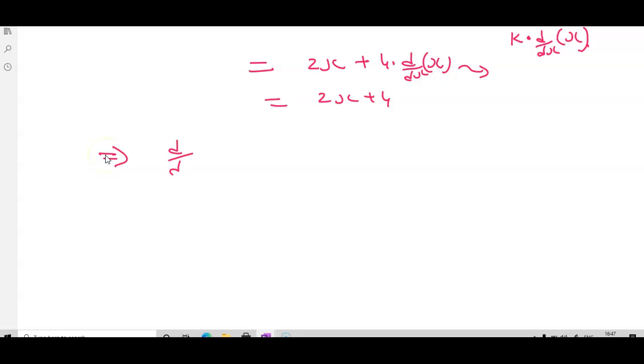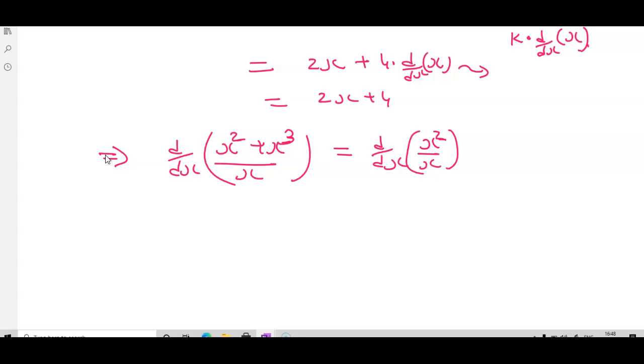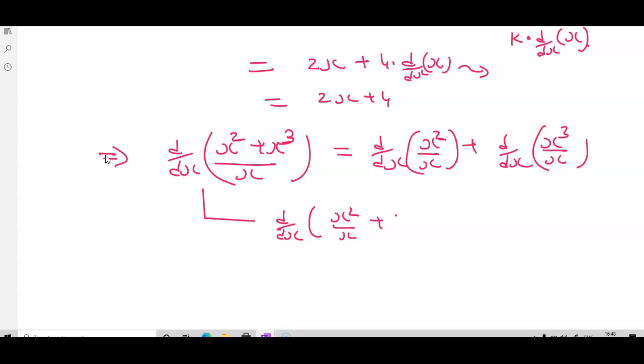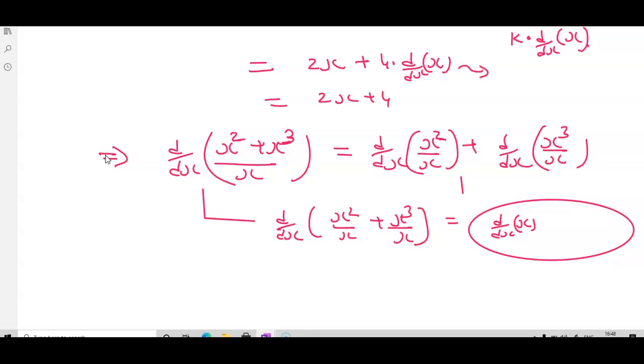If we have a question like this, x square plus x cube whole upon x, I have to simply understand that it is, or initially we can do it in the simple manner that first we simplify this like this, and both are going to give me the same result, that is, derivative of x is 1.